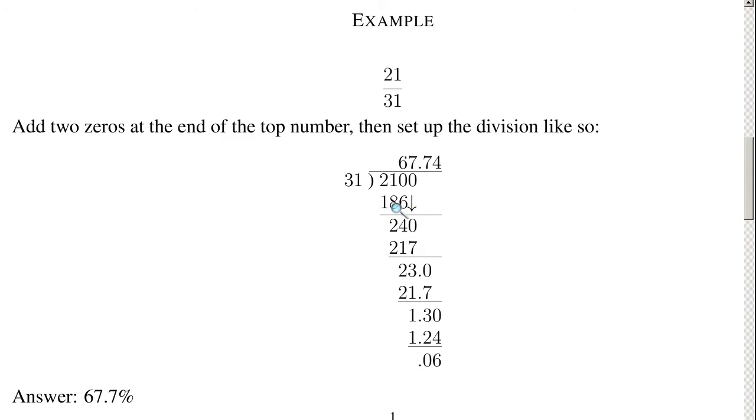And then we subtract. 210 minus 186 gives you 24. And then we have this extra 0 here, we can just bring it down. So we actually have 240. Okay, so what's next? We have to figure out how many times 31 gets taken out of 240.